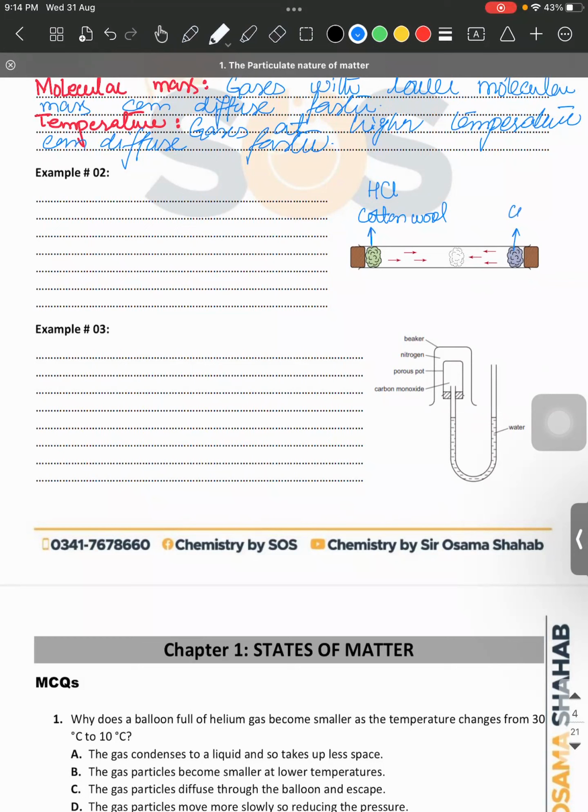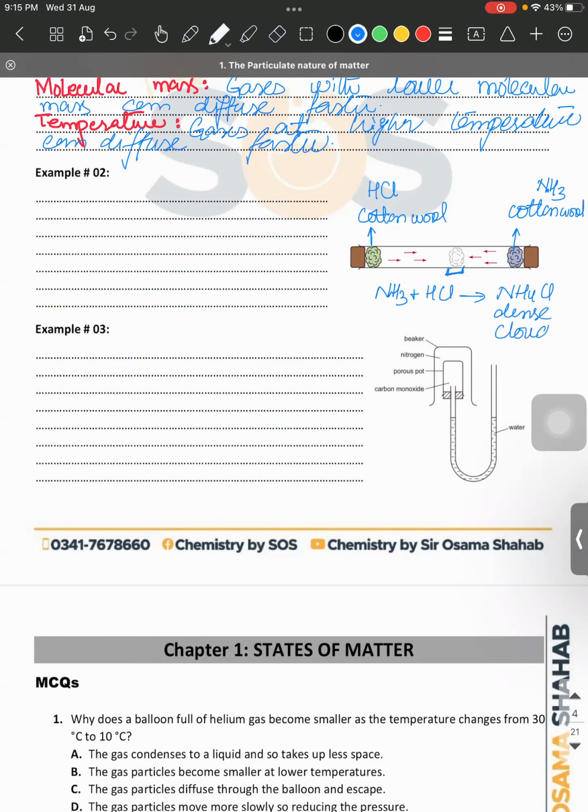And we have one more cotton wool that is soaked with ammonia gas, right? So they are asking that something is going to be formed over here. For example, when NH3 reacts with HCl, they form ammonium chloride, which is a dense cloud forming over here.